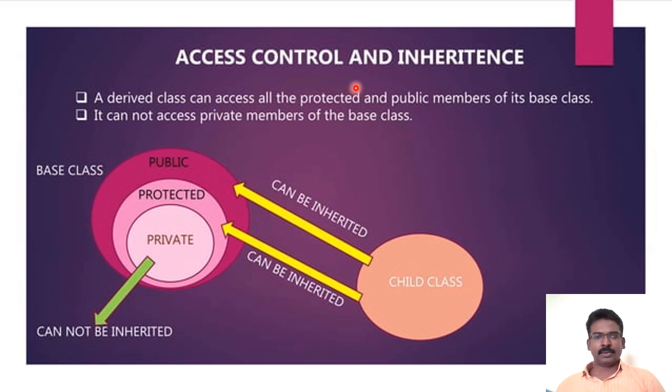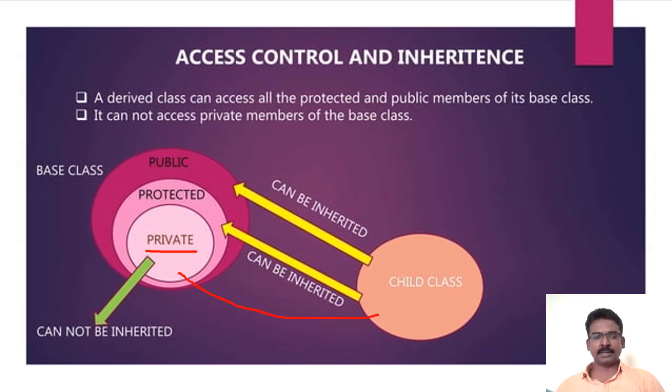Now, access control and inheritance. Access control in the sense, since we are using three specifiers here, private, protected, and public, based on their usage, some access restrictions will be applied. Consider this as a base class and this as the derived class. If the data members inside the base class are declared private, then they cannot be accessed by the child class.